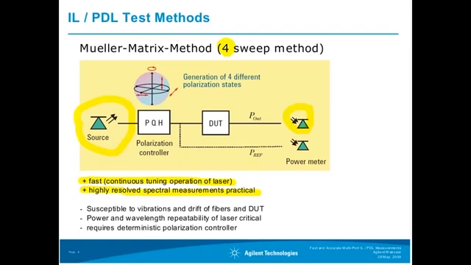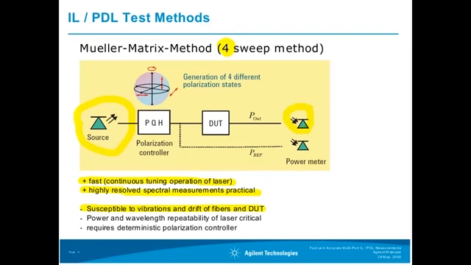There are also here severe shortcomings, and one shortcoming is, for example, that the measurement is highly susceptible to vibrations and drift of the fibers in the DUT. So if there are any changes of conditions, any drift in between these four sweeps, then that influences heavily the measurement result.